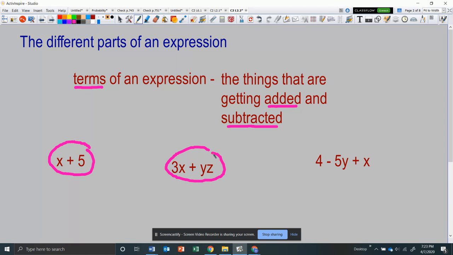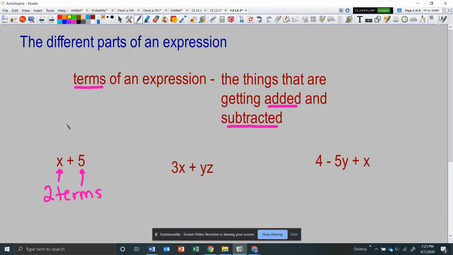This is an expression. This is an expression, okay? We're looking at these expressions, and this actually has two terms in it, okay? This expression has two terms. One of the terms is x, and the other term is 5.